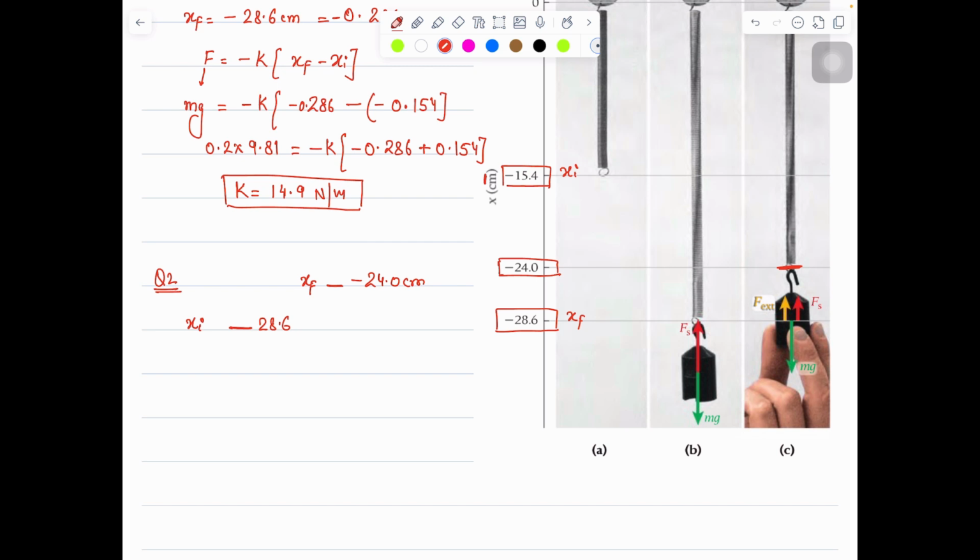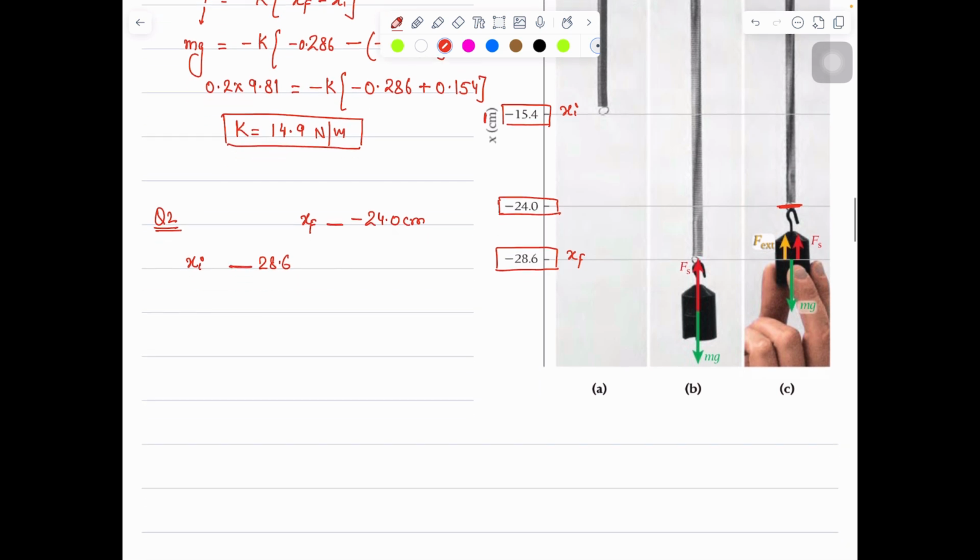So what you need to find, you just need to find the force. Can I say force is equal to negative k xf minus xi? Yes or no? K, we already found it out, 14.9. So place it here. Negative 14.9. What is the final value? Negative 0.24.